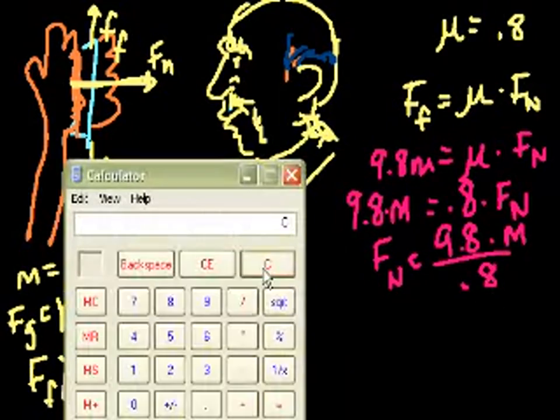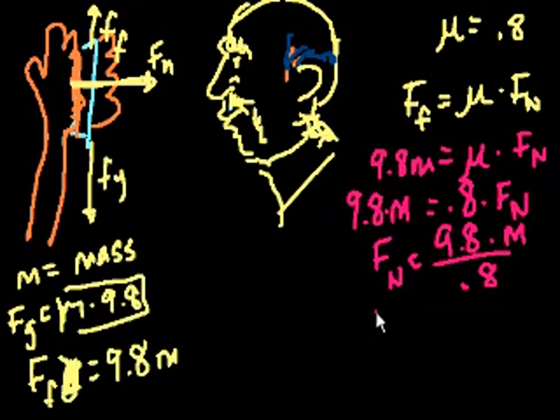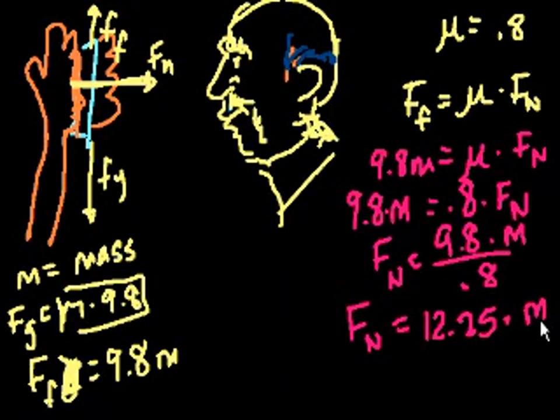What's 9.8 divided by 0.8? It is equal to 12.25. So the normal force that I have to apply is 12.25 times the mass. We don't know the mass of the pie.